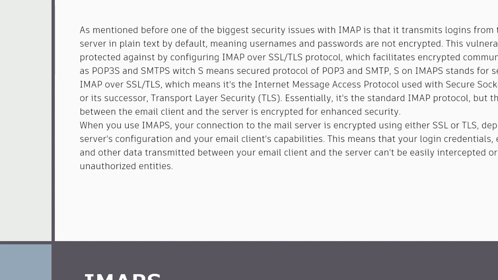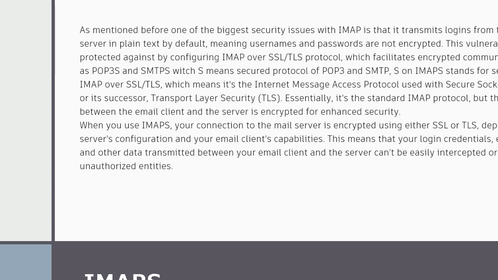This vulnerability can be protected against by configuring IMAP over SSL or TLS protocol, which facilitates encrypted communication. Same as POP3S and SMTPS, where S means secure protocol of POP3 and SMTP, the S in IMAPS stands for secure protocol as well.